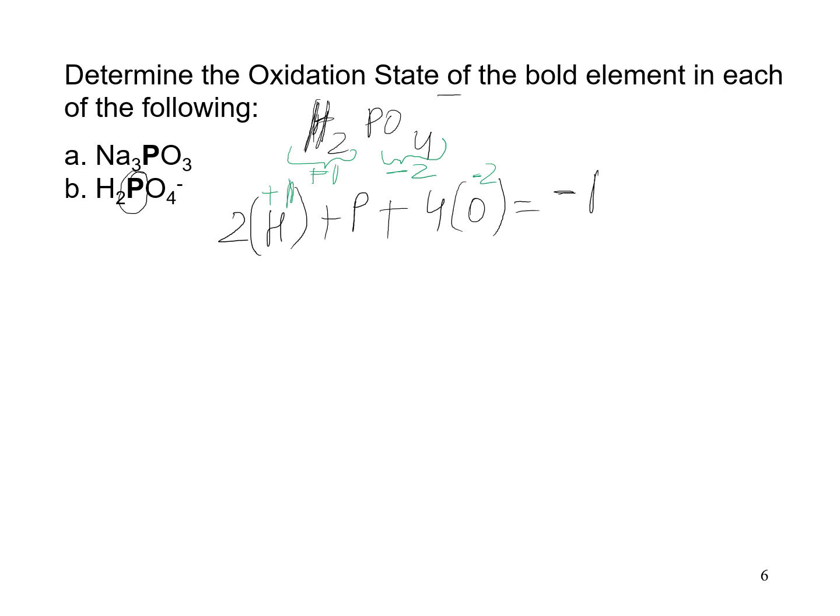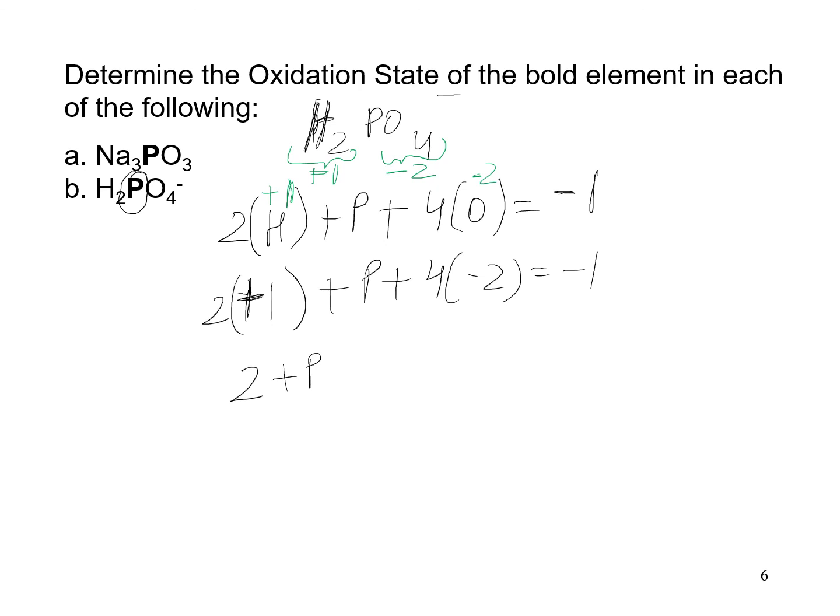So now I can solve for phosphorus. Each hydrogen is +1. I don't have to go to the next rule anymore. 2 times +1 plus phosphorus plus 4 times -2 equals -1. If I solve for this, that gives me +2 plus phosphorus, and 4 times -2 would give me -8.